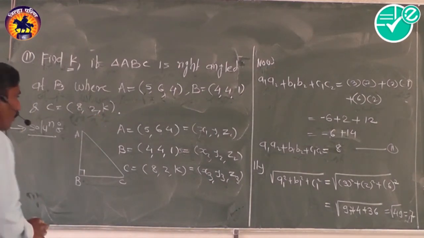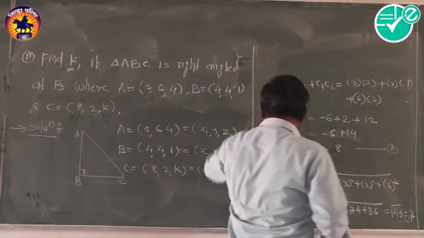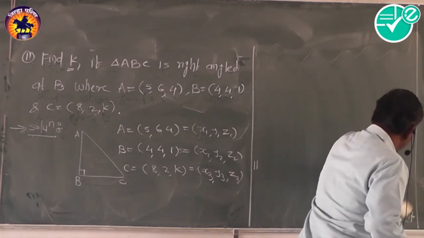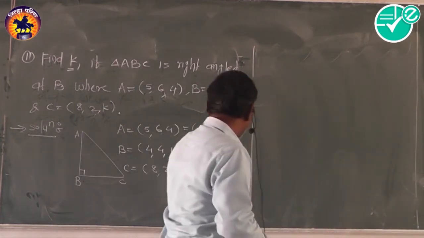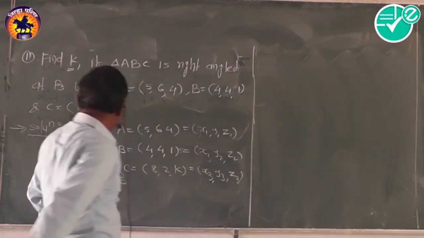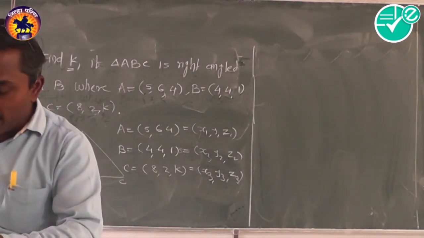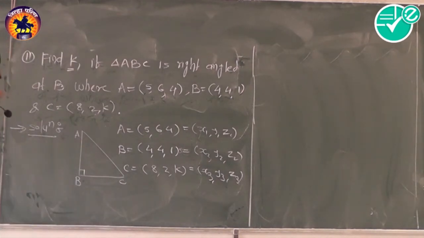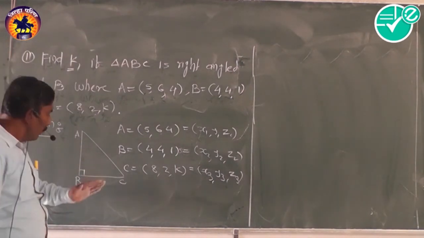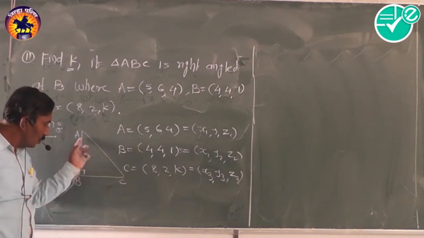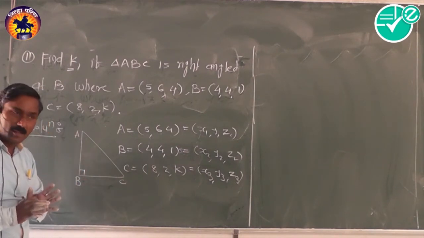Now first, what can we do here to find the value of K? Can you guess which condition we will use here? Listen here. We know that AB is perpendicular to BC, meaning the two lines are perpendicular to each other.